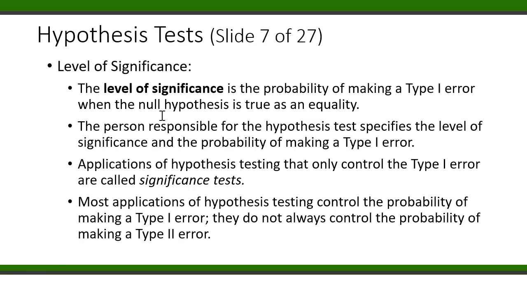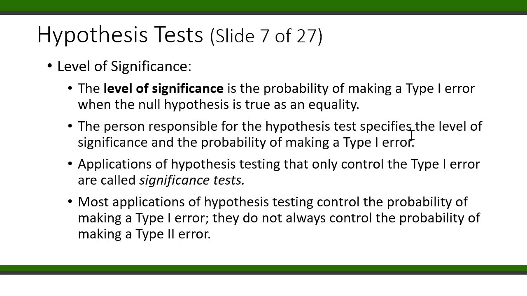That possibility that I'm talking about is called the level of significance. And the level of significance is the probability of making a type 1 error when the null hypothesis is true as an equality. So like I said before, when you're doing these hypothesis tests, you want to specify the level of significance and the probability of making a type 1 error.